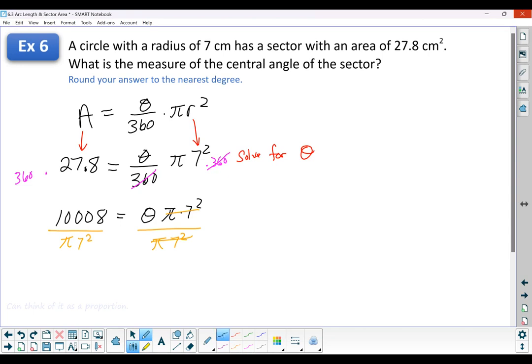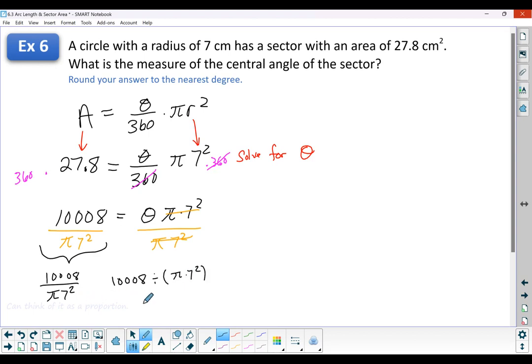So I just want to show you a couple of ways that it's okay in your calculator and one way that it's not okay. So this is our answer that we need our calculator to process. If you type it in exactly like that, it's okay. Using the fraction button, that would be fine. Or if you want to type it in using division, you can, but you need to put a grouping around the pi times 7 squared.